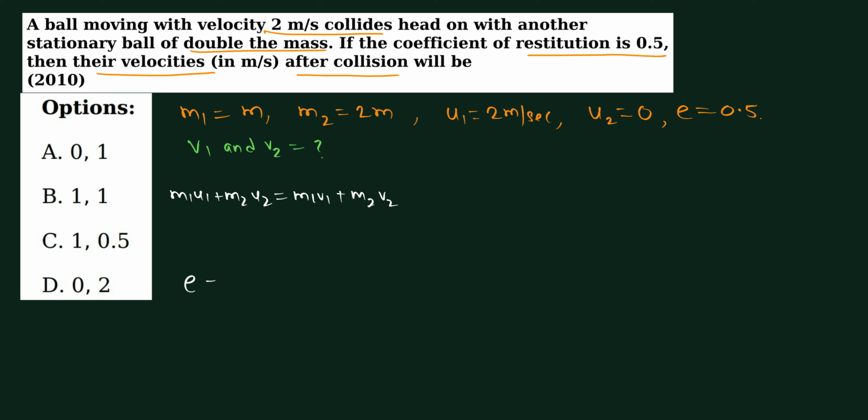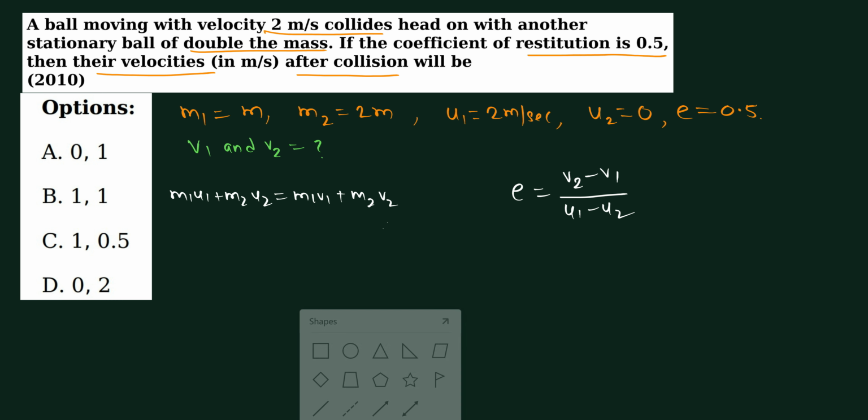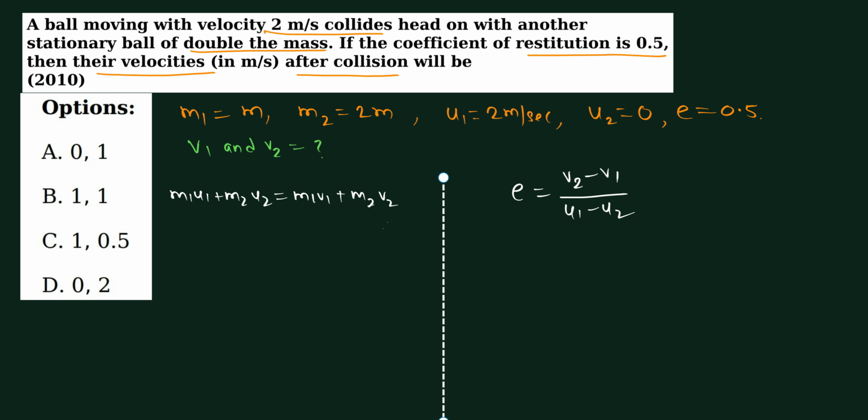And also use the restitution formula: e equals v2 minus v1 by u1 minus u2, where the restitution value given is 0.5. By solving these two equations, you will get the v1 value and the v2 value. Just substitute the values and you will get the two equations.